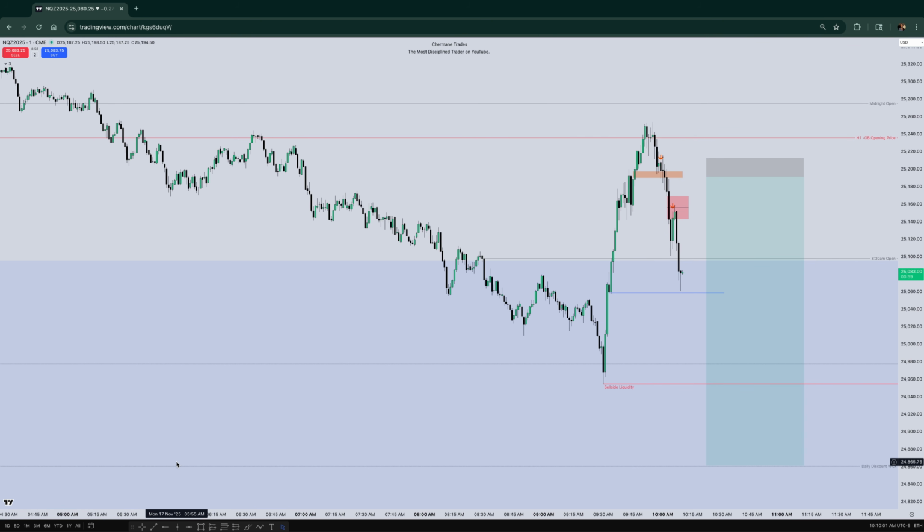Once my first partial gets hit, which again is inside of this imbalance, once we trade inside of that, then my stop will get moved to break even.